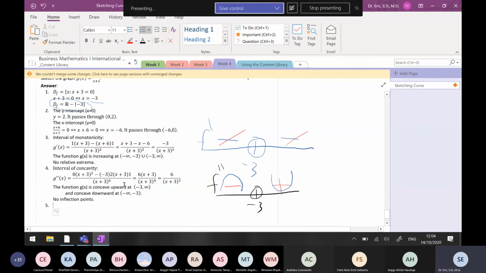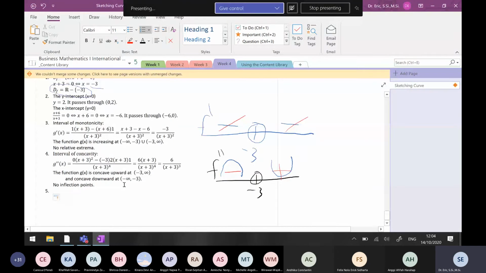What do we have after this? The asymptote. How do I find this? You have to look at two asymptotes: the vertical asymptote and the horizontal asymptote.